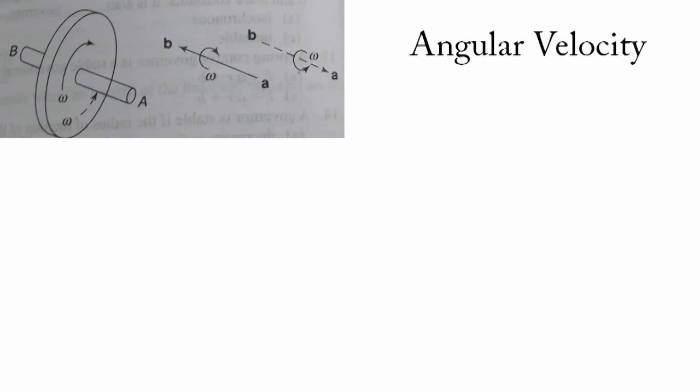It is decided by the right hand screw rule. Now don't confuse this right hand screw rule with the right hand thumb rule, which is for the gyroscopic effect. What this says is, assume the screw is placed such that the disc represents the head of the screw and the end B represents the other end of the screw.